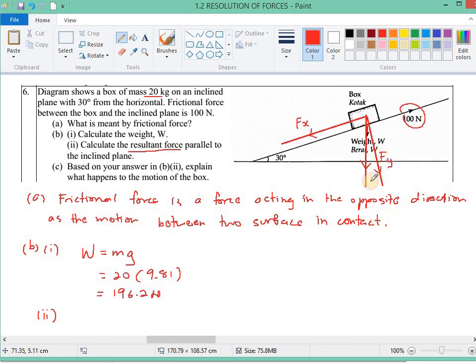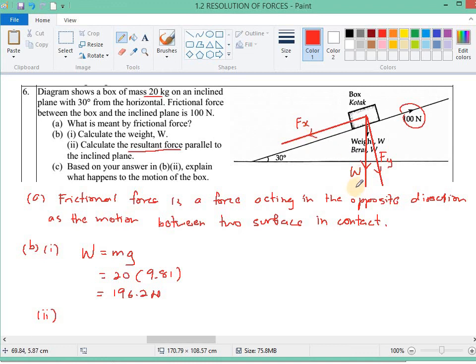Also because of the weight, there is a force that can make the box slide down the inclined plane. The force that pushes on the surface comes from the weight, and the force that makes the box slide down also comes from the weight.